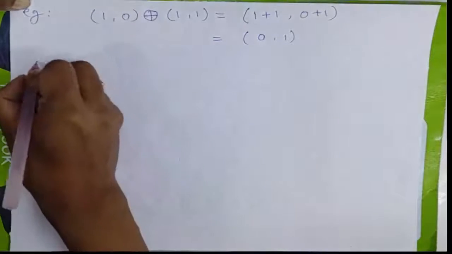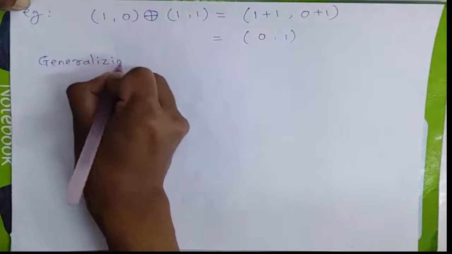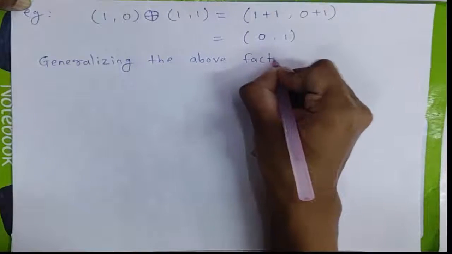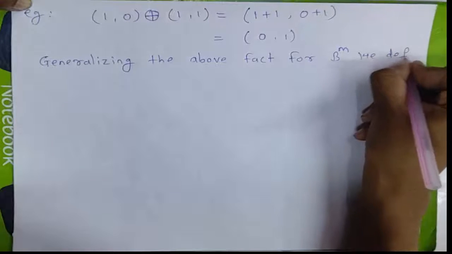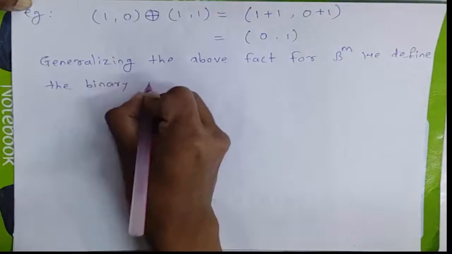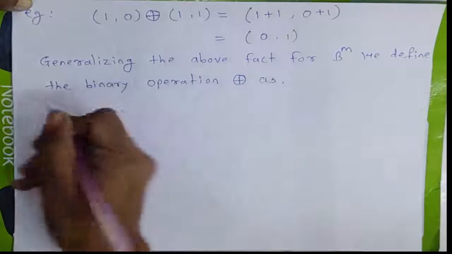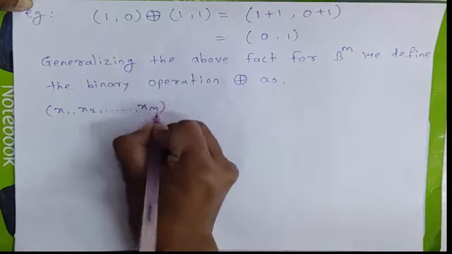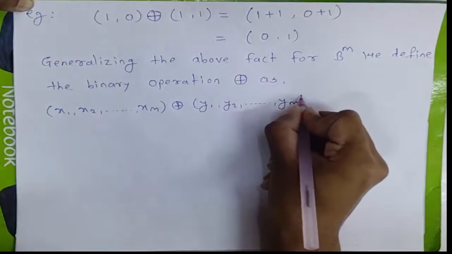So we generalize this result. Generalizing the above fact for B raised to m, we define the binary operation ring sum as (x1, x2, x3, so on up to xm) ring sum (y1, y2, so on up to ym).